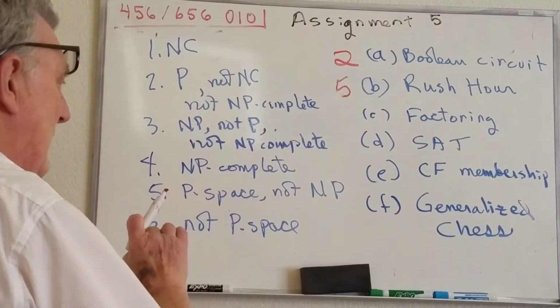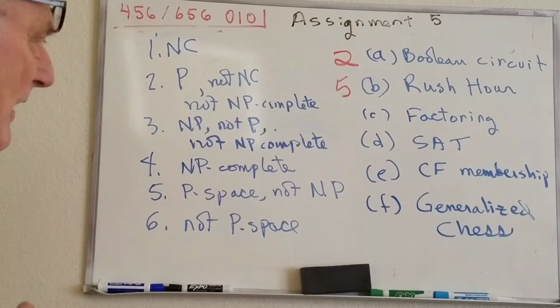Now, factoring, by that I mean integer factoring with, let's say, binary numerals, or it could be decimal numerals. The reason I said binary numerals in the homework is that if you use unary numerals, factoring is in the polynomial class. But people don't usually use unary numerals in practical ways.